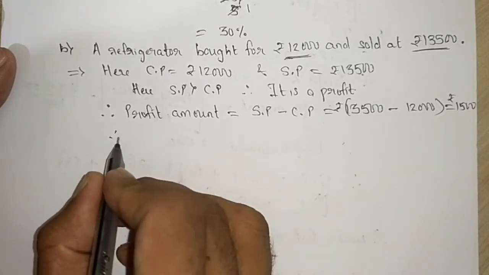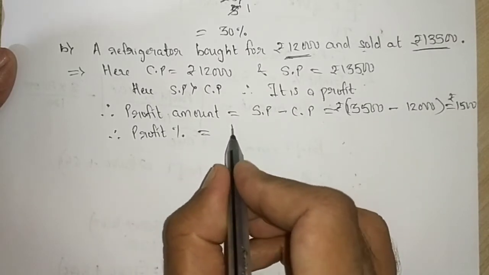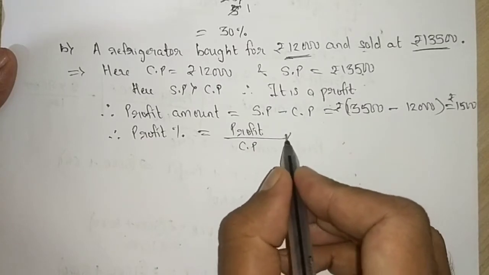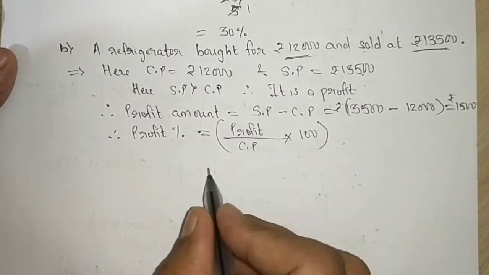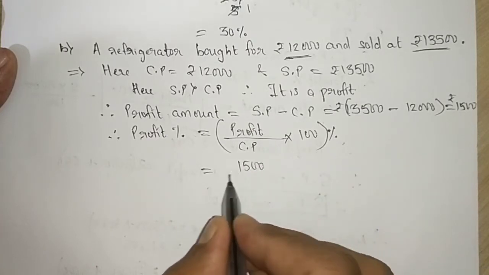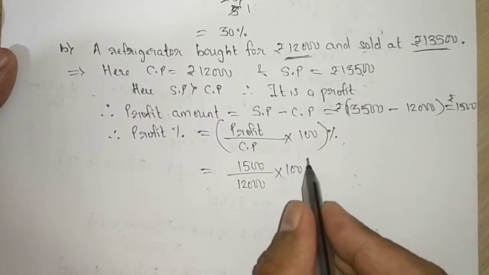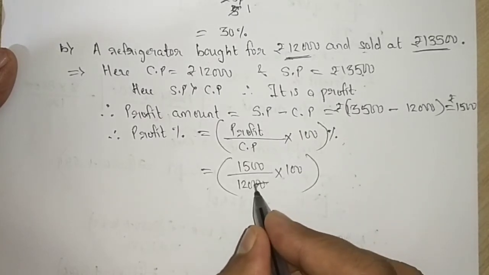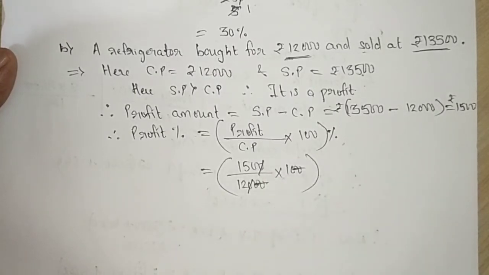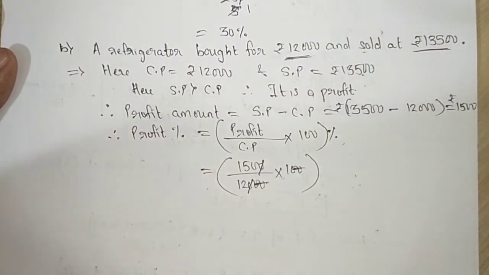Now therefore profit percentage is equal to profit divided by CP, that is cost price, into 100. Profit is 1500 divided by cost price 12,000 into 100. 2 zeros and 2 zeros of 100 will cut out. 0 from here will be cut out. So I have to divide 150 by 12.